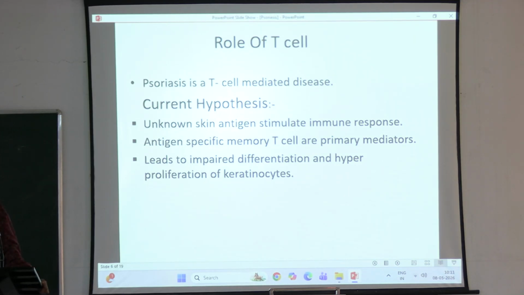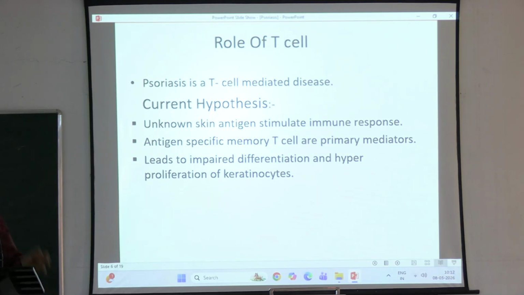and this TH1 mediated response produces some cytokines and interleukins, particularly interleukin 2, interleukin 6, interleukin 8, interleukin 12, TNF alpha and gamma interferons, and all this together plays a pivotal role in the development of the disease. Particularly the TNF alpha again stimulates the keratinocyte to produce interleukin 8, and interleukin 8 is a very important chemoattracting factor for the neutrophils.